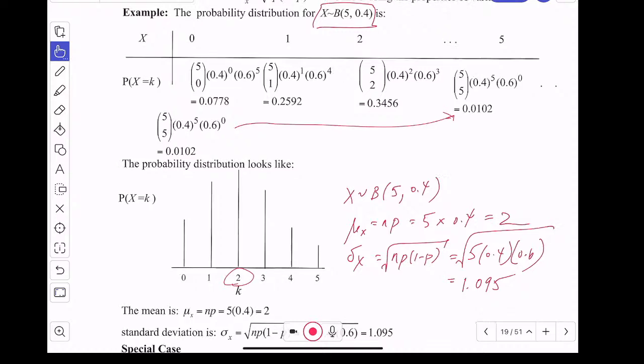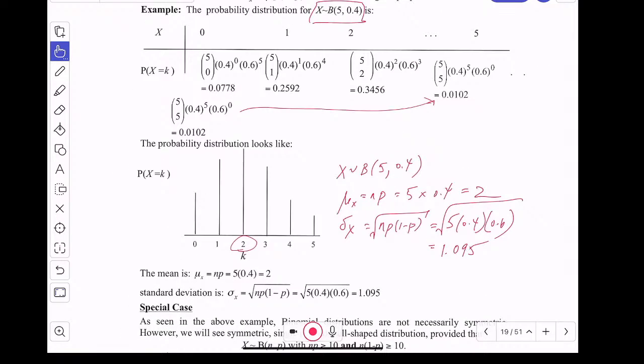So looking at this, this is not perfectly symmetric, but I could calculate the mean and the standard deviation for it in general. Okay, so that is true about the variable x, which is a statistic. It comes from a distribution, and I know its mean and standard deviation. Okay?